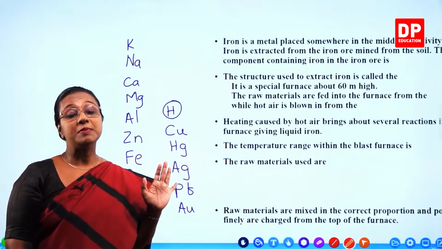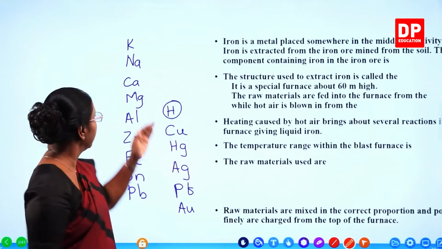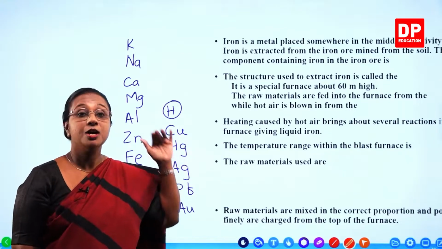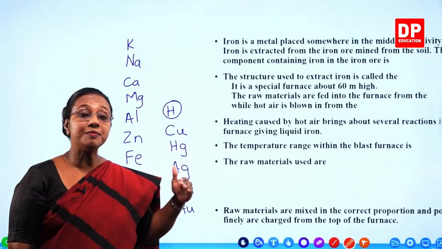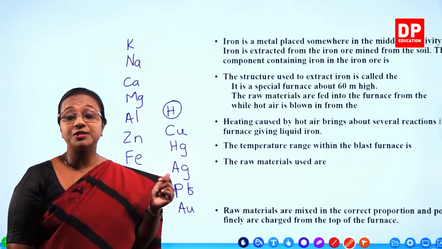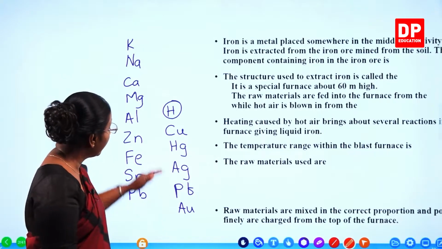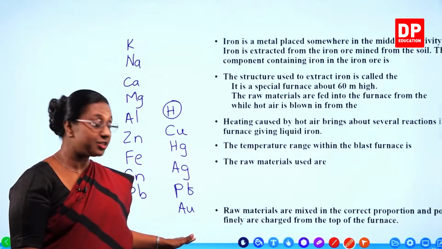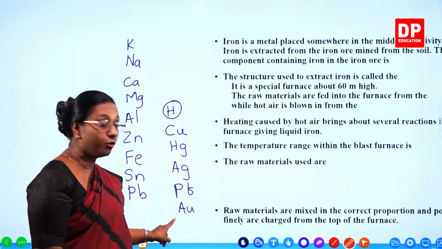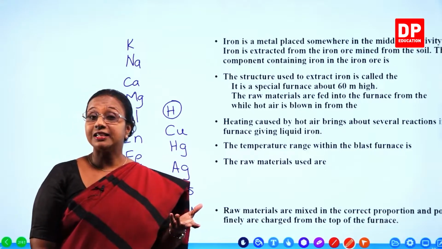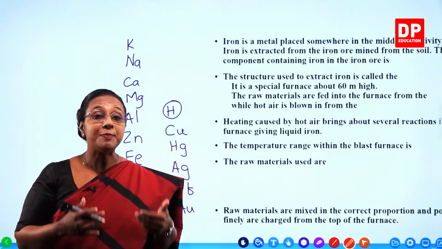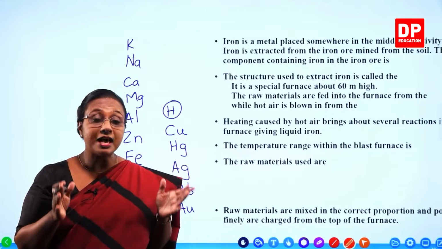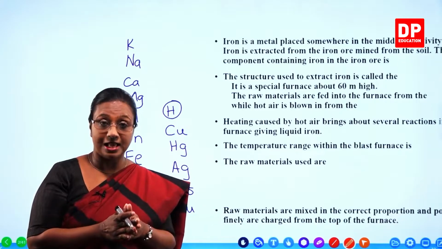Now you all can remember, students, we have discussed this before, the metals that are highly reactive, which are at the top of the series. Potassium, sodium, calcium, they are extracted by the process of electrolysis. Whereas metals that are native metals, they exist as metals in nature like silver, platinum and gold. We actually need to separate them from the impurities present in their ores because they are present as metals itself.